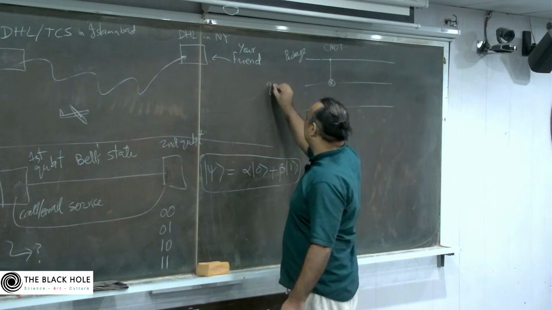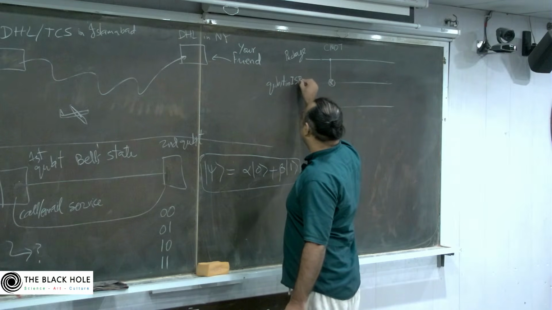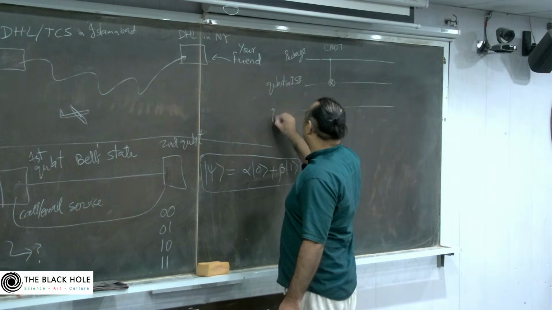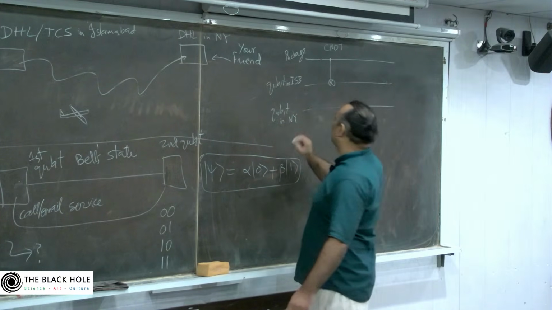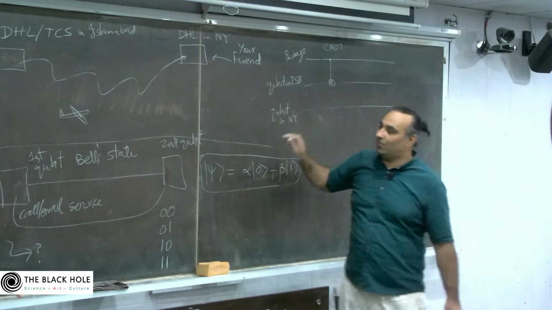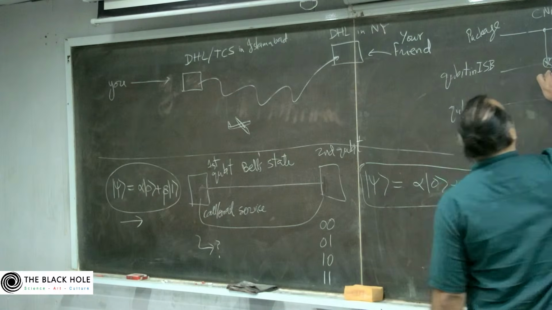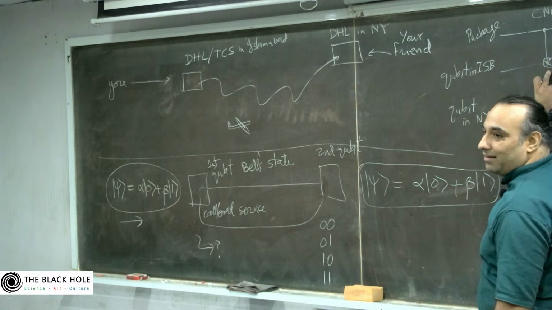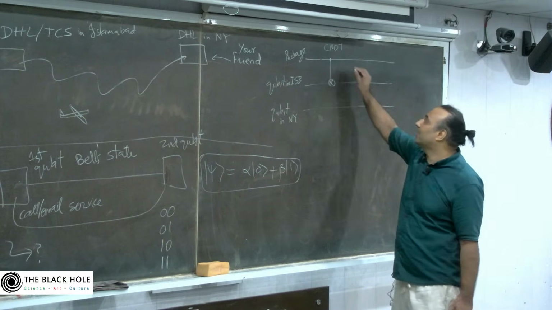There is this operation, this is what this office does, the DHL office. After this, he needs to perform a measurement in the X basis, but he can avoid that by applying another gate here.